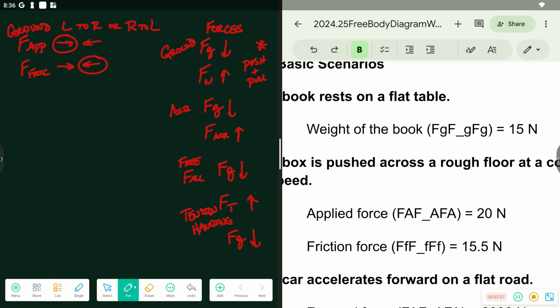So let's look at number one. The first scenario is a book resting on a flat table. So it's resting on a flat table, which means there is no movement, which means there's no net force, because remember, what's the first law of forces?